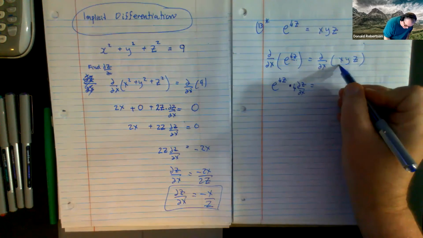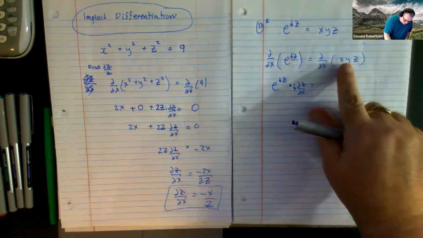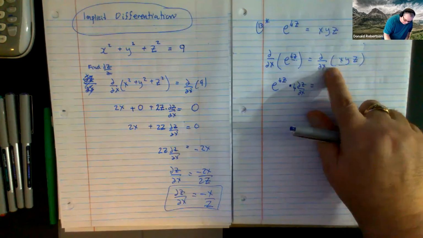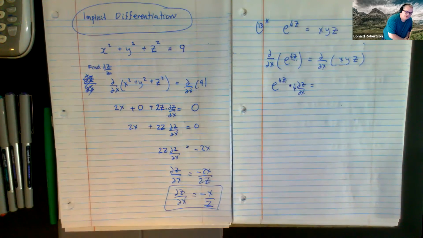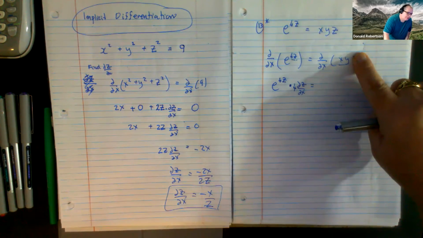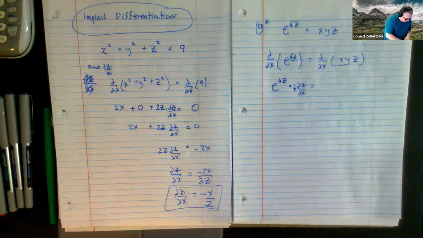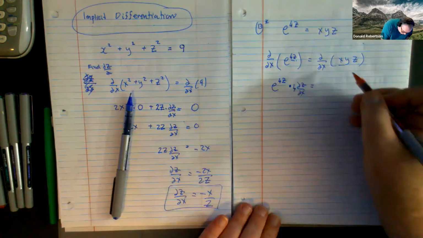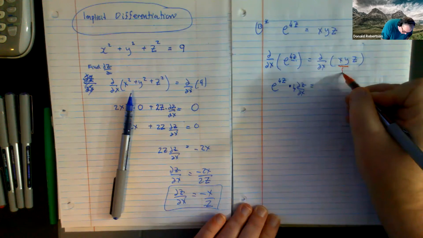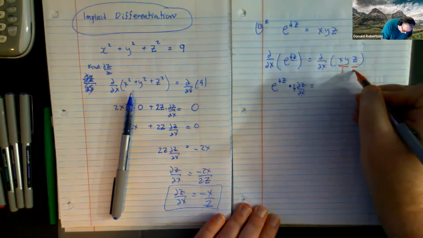Right. Uh-oh. If you do a partial derivative of this with respect to x, the answer is not yz. If it was xy on its own, it would be y, right? But it's xyz. So actually, shouldn't we think of that as being f and maybe think of that as being g?